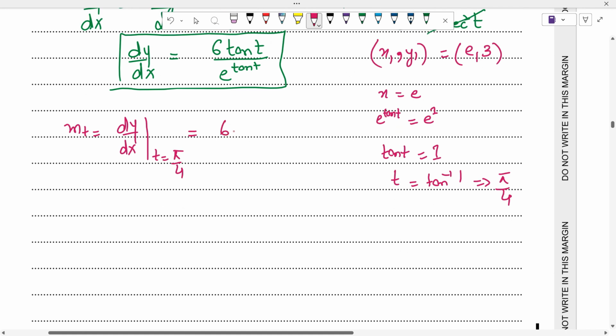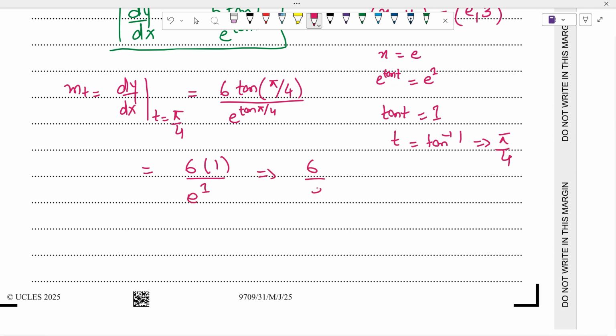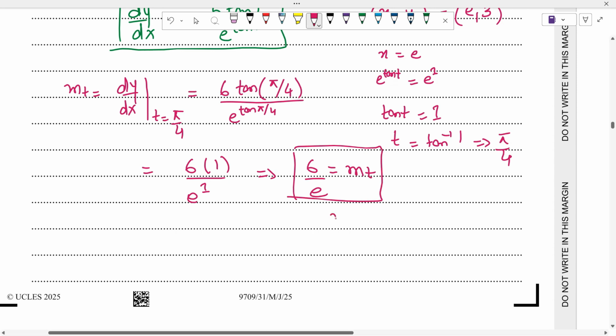So we will have 6 times tan of pi by 4 over e to the power of tan of pi by 4. Solving further, we have 6 times 1 over e to the power of 1, which is 6 over e. So we have the slope of the tangent, 6 over e, and we have the point (x1, y1) equals (e, 3).